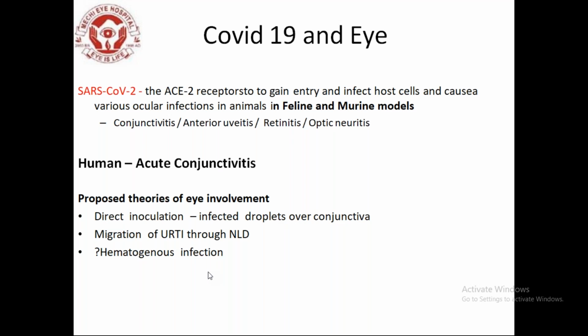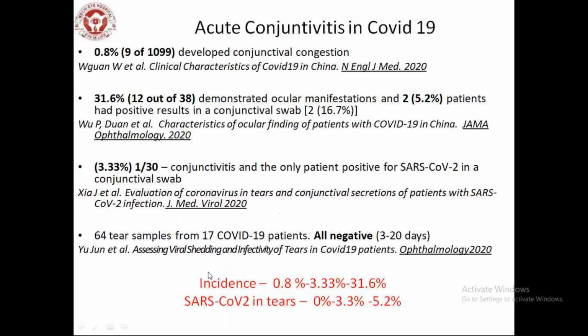So now let's look at acute conjunctivitis, which has been seen in different places. One study showed a conjunctivitis prevalence of 0.8%, 9 out of 1099. Another study showed 12 out of 38 patients had conjunctivitis, that's 31.6%.